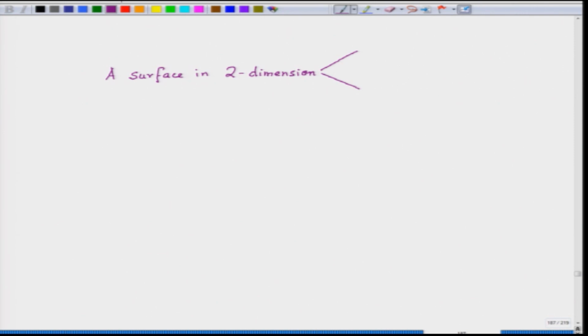It can be the graph of z equal to f(x,y), or a parametrized surface. It need not be the graph of something.